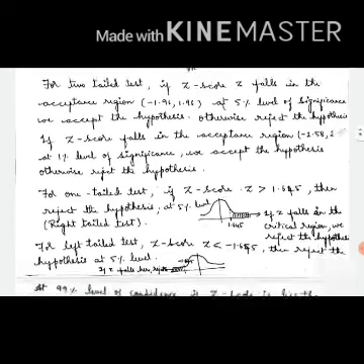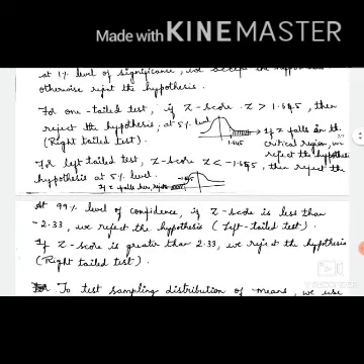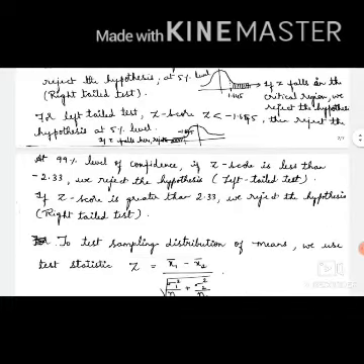In the left tail test, if the Z score is less than minus 1.645, then Z falls in the critical region and we reject the hypothesis. The same is the case for 99% confidence level, when Z is less than minus 2.33, then you reject the hypothesis.